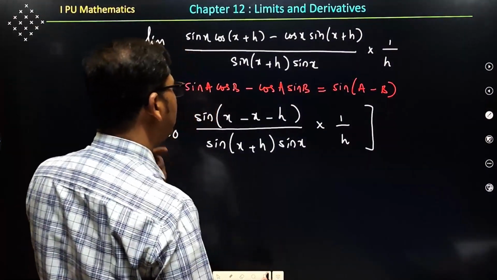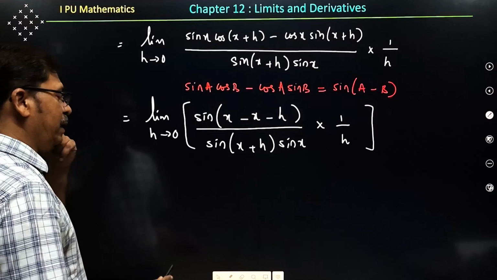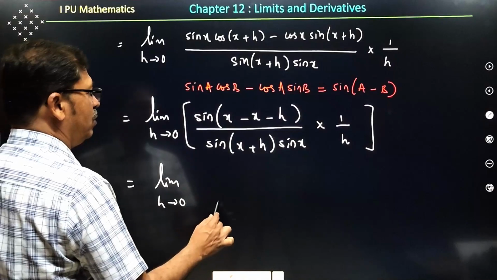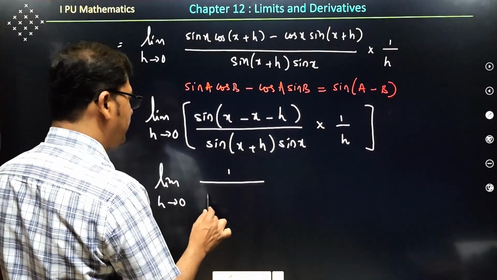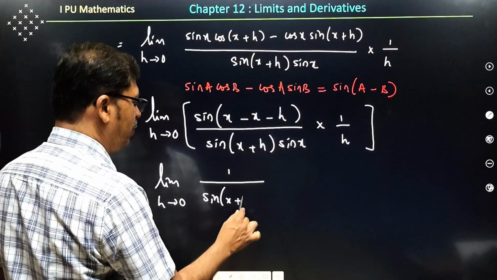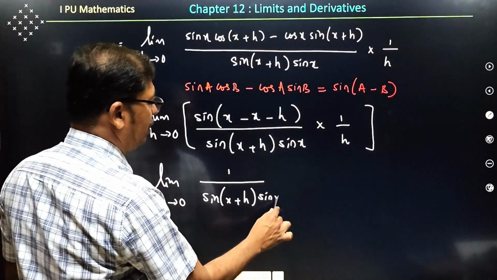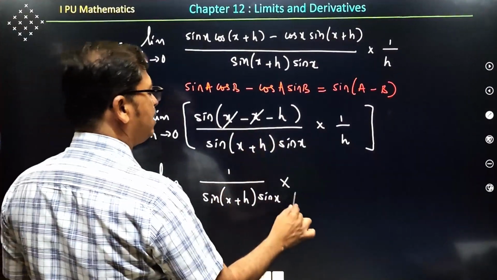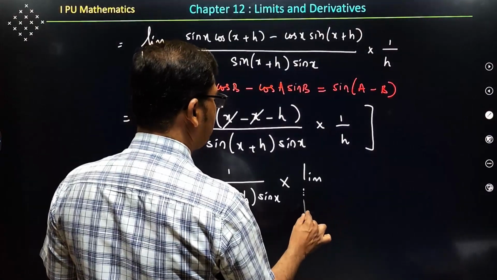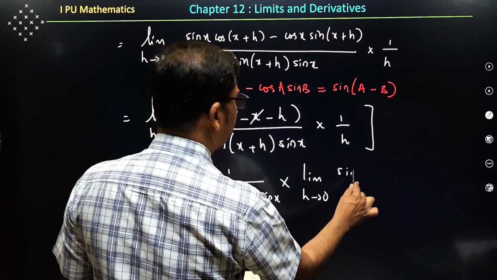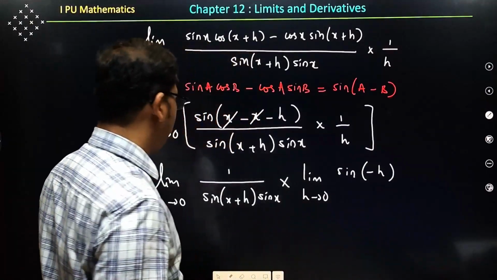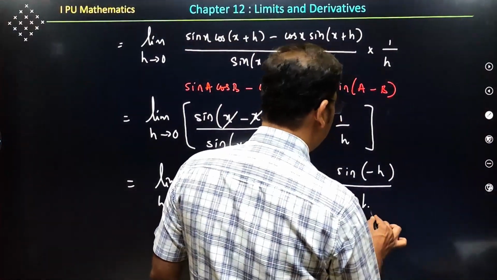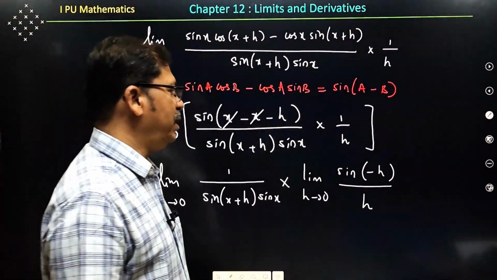Now this is equal to limit h tends to 0, 1 over sin of x plus h into sin x. I have taken the denominator term separately; x and x cancel, and this remains: limit h tends to 0 of sin of minus h over h. See carefully, sin of minus h remains and this h you tag with that.